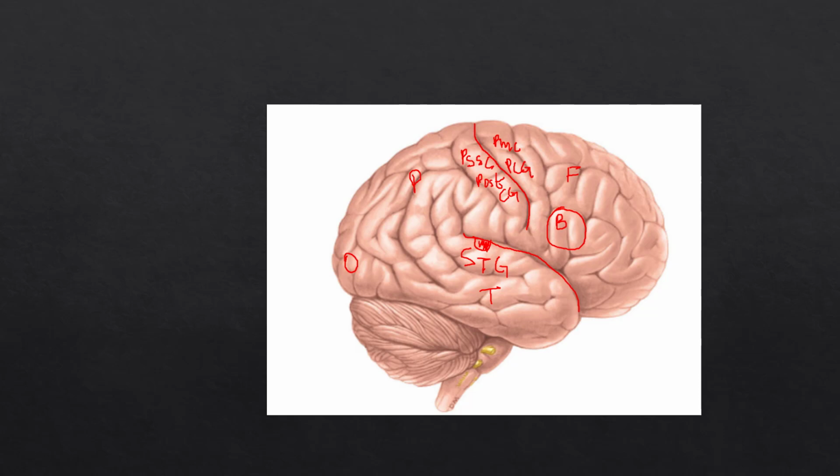We then have the supramarginal cortex around this region. The supramarginal cortex just lies posterior to the lateral sulcus. This is the lateral sulcus. Just posterior to the lateral sulcus, you'll find the supramarginal cortex. And posterior to the supramarginal cortex, you'll see the angular gyrus.